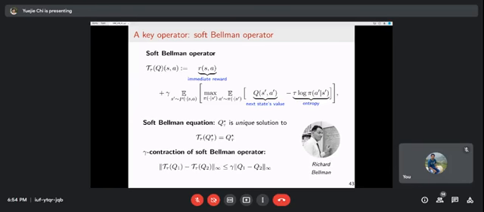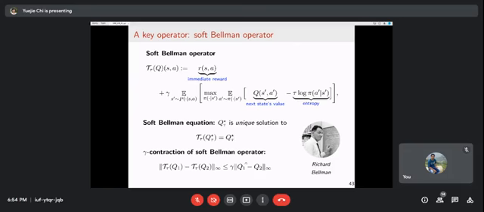And it turns out that this soft Bellman operator also inherits two important properties of the Bellman operator, where this regularized Q function becomes a fixed point of this soft Bellman operator. And moreover, it also satisfies the gamma contraction property.